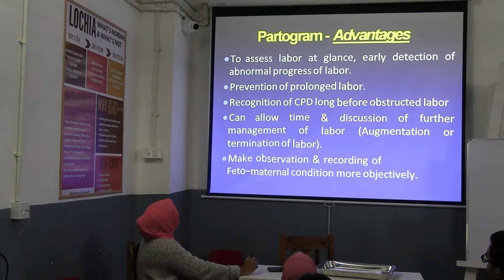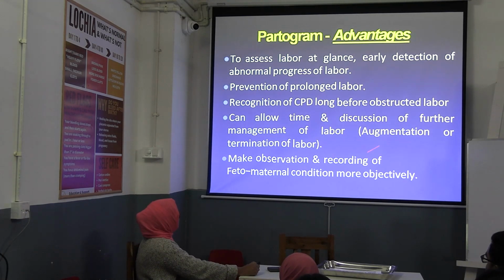What are the advantages? To assess labor at a glance, early detection of abnormal progress of labor, prevention of prolonged labor, recognition of CPD long before obstructed labor, and it allows time and discussion of further management of labor. Like if it is not progressing normally, we can augment it, we can give oxytocin, or if there is prolonged labor or there is meconium staining or the fetal heart sound is decreasing, then we can go for termination of the pregnancy or labor.